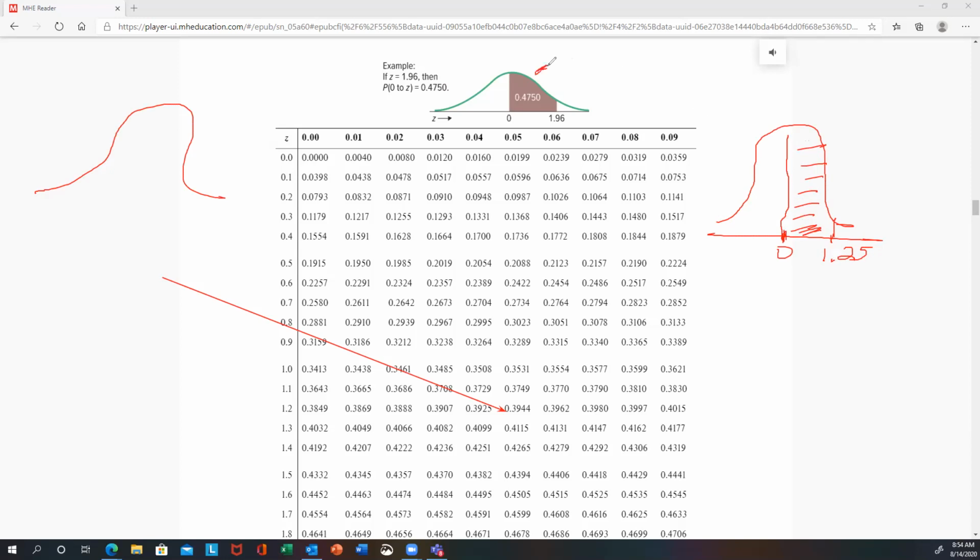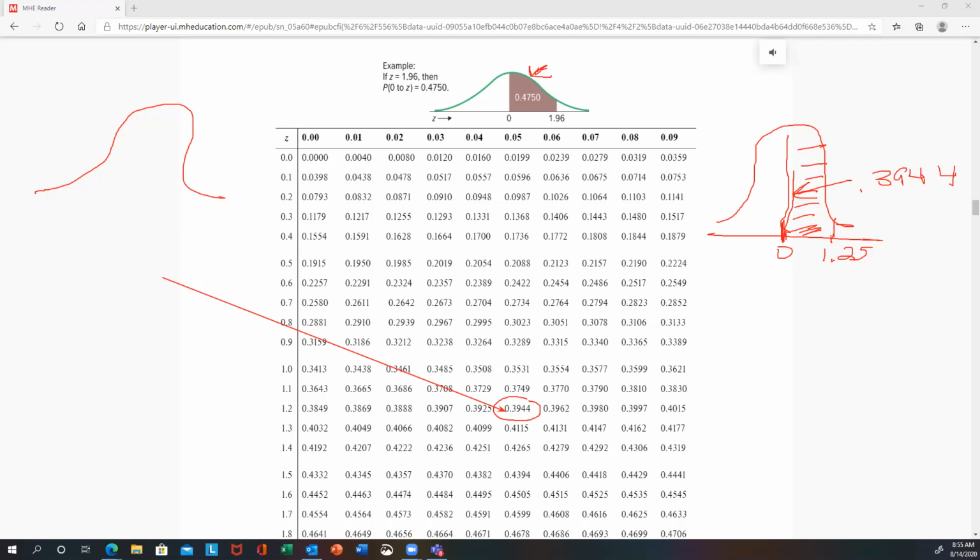As you can see up here, they're giving that illustration right there. So this area, which says 0.3944, that essentially is our answer. So remember, this z-value table gives you the area to the left of z, all the way down to the midpoint of the curve. So between 0 and 1.25 is going to be 0.3944.